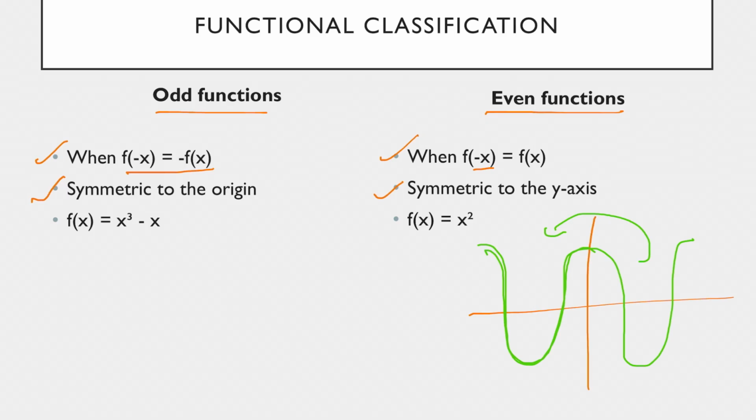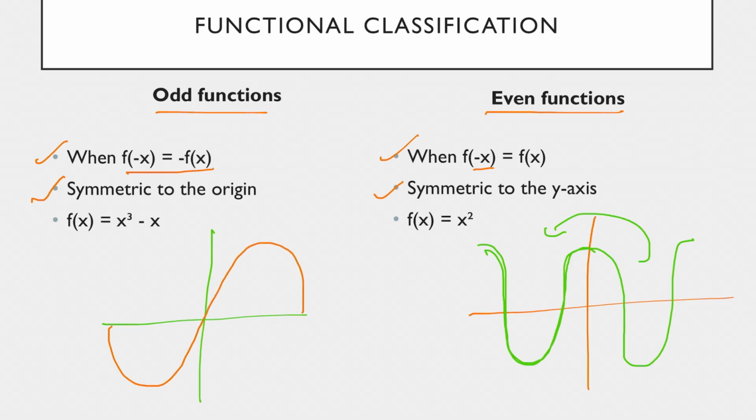Symmetry to the origin means that you flip around the x-axis and then you flip around the y. The order does not matter, so either the y first then the x, or the x first then the y. If I have my axes like this, and I take something like this, this is symmetry to the origin.